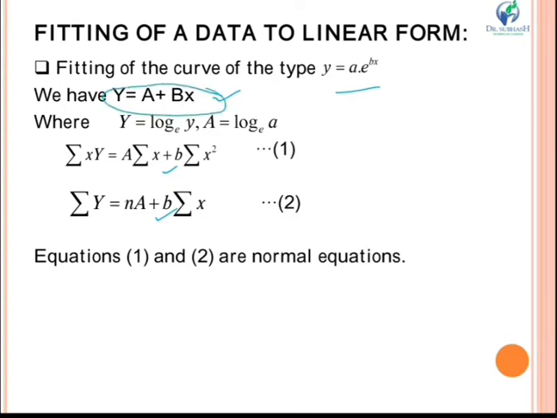This Y equals A plus bx is just the curve converted into linear form. We have to see our normal equations. So equation 1 and equation 2 are our normal equations. Here remember one thing, the base is e. So while you calculate on your scientific calculator, you need to use ln, the natural logarithm.